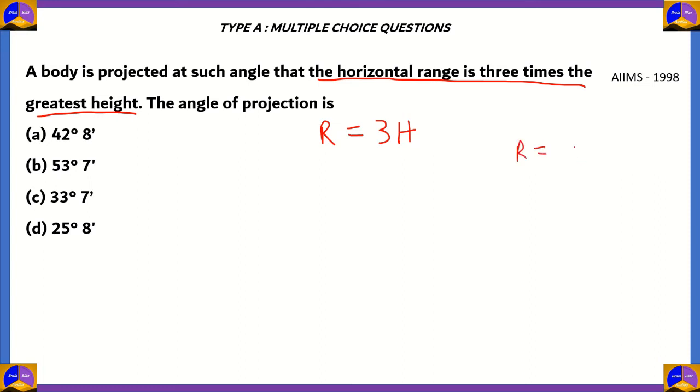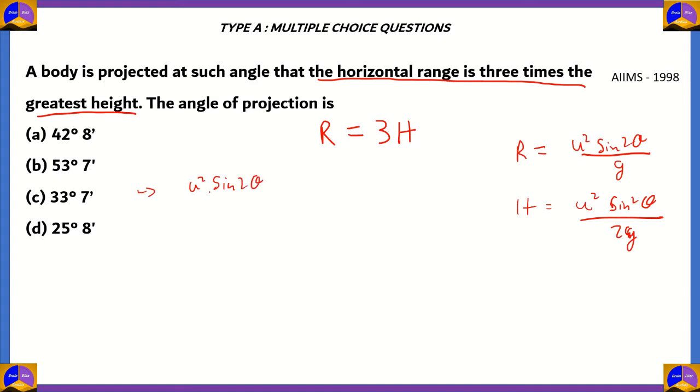The horizontal range can be calculated as u square sine 2 theta divided by g, and H becomes u square sine square theta divided by 2g. Since R is equal to 3H, u square sine 2 theta divided by g is equal to 3 u square sine square theta divided by 2g.